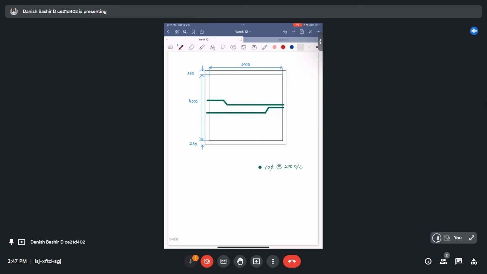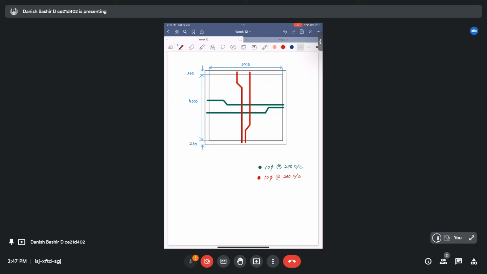Another bar is coded like this. These ones I have provided as 10 phi at the rate of 200 center to center.